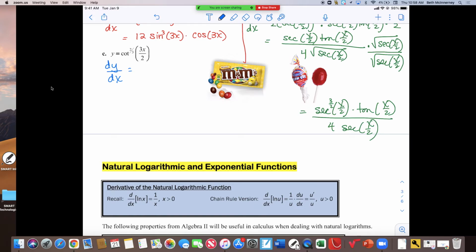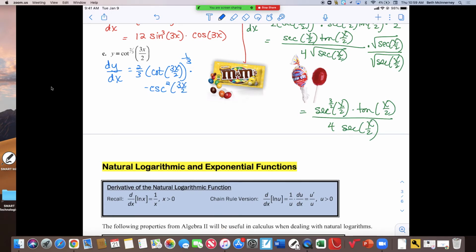Okay, so I'm going to bring down the power. I'm going to decrease the power by 1. Then I'm going to scrunch it down here. What's the derivative of cotangent? Negative cosecant squared, right?